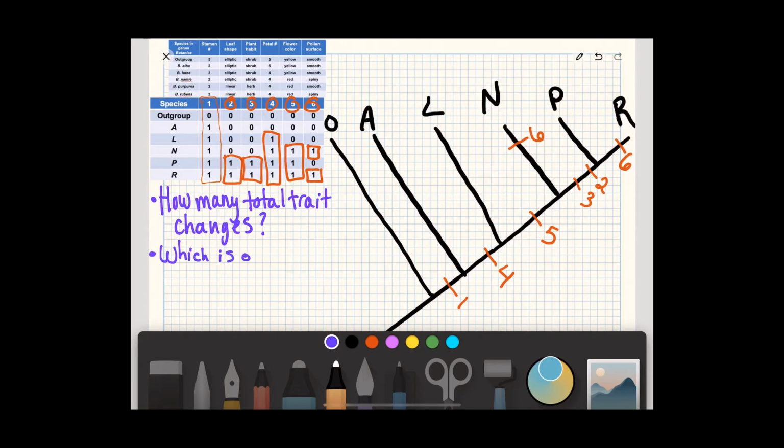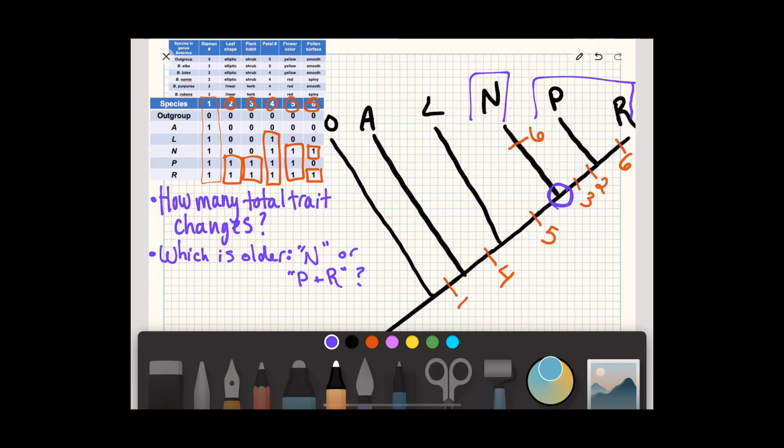One's older. Plain old N? Or the whole group that is P plus R? I'm not asking if P is older than N or if N is older than P. I'm wondering if the whole group that is PR, if we put them into a single unit, P plus R. Well, the common ancestor between these two taxa is right there.